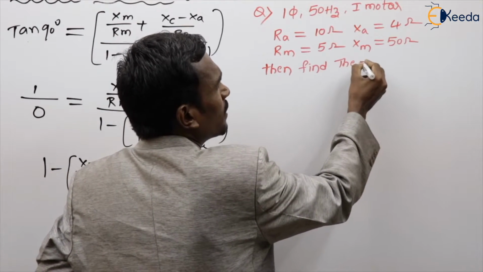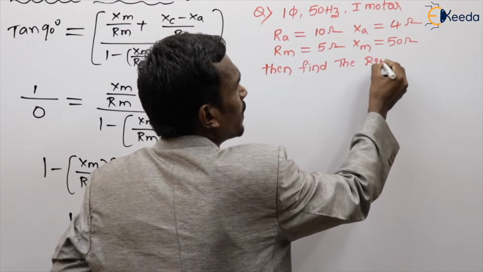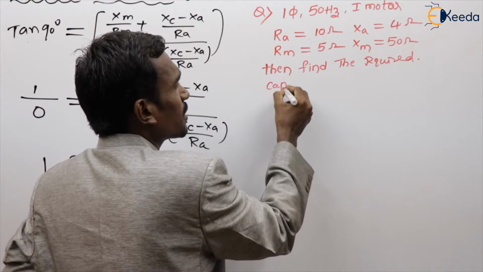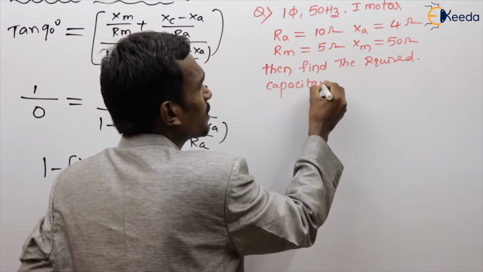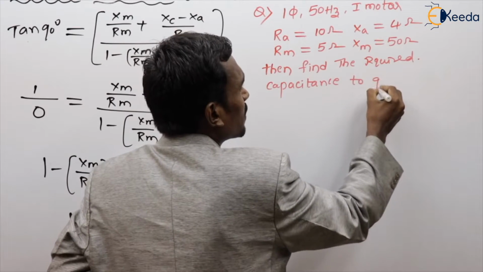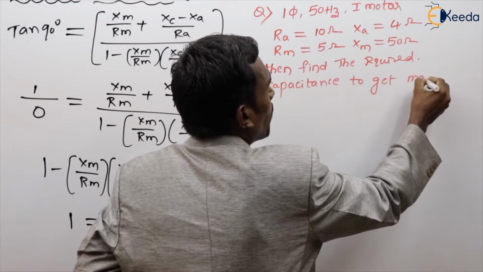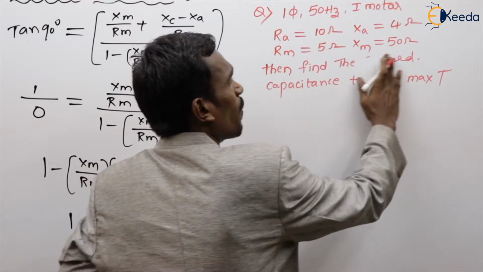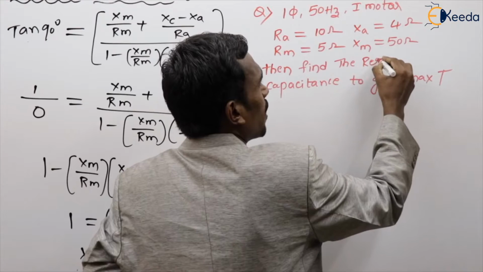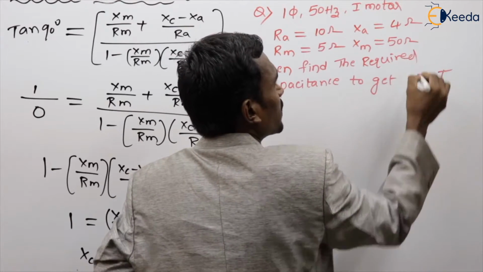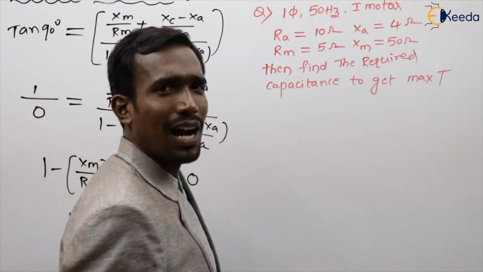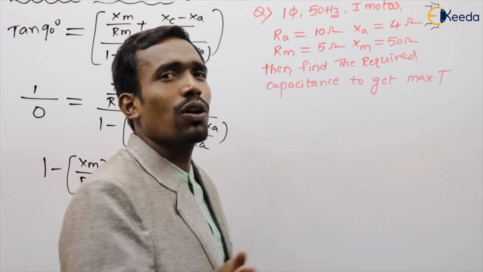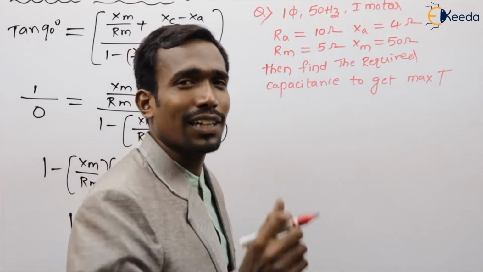the required capacitance to get maximum torque, or how much capacitance we have to add in the auxiliary circuit.